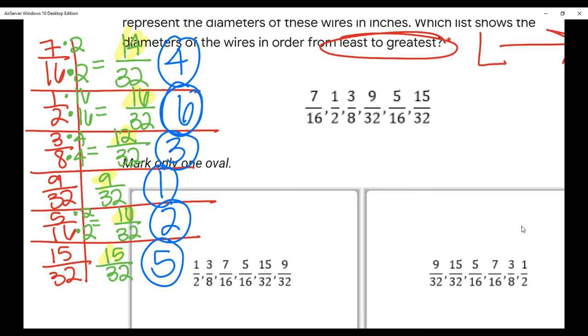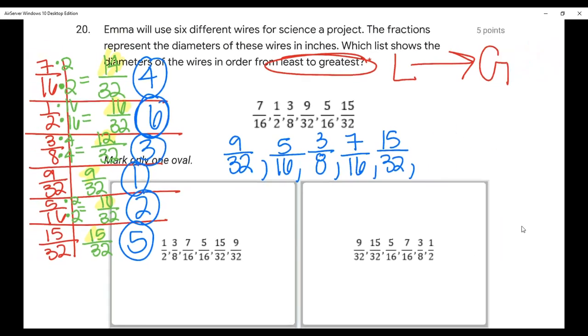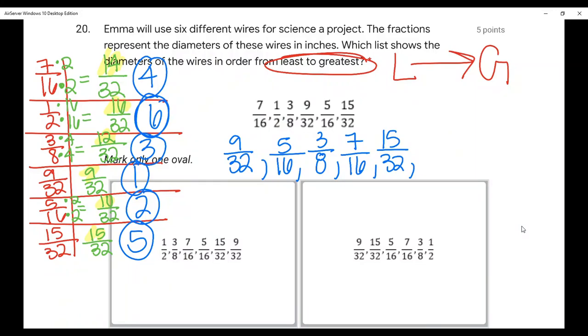So when I'm ordering these, I'm going to go back to my original. So I've got 9 over 32 first, then 5/16, then 3/8, then 7/16, then 15 over 32, and then 1/2.